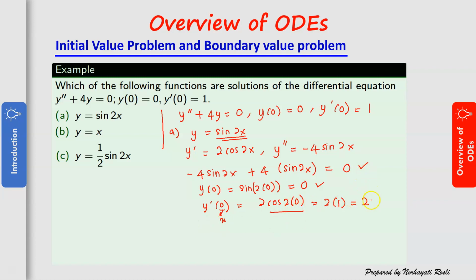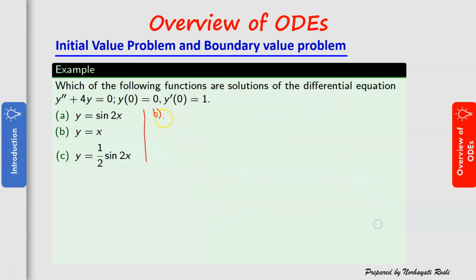When we see here, this one does not fulfill y prime 0 equal to 1, because it is not equal to 1. So, not fulfilling this condition, we can say that y equal to sine 2x is not a solution for this differential equation.